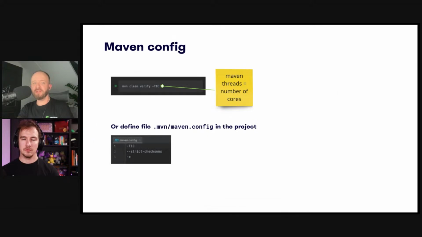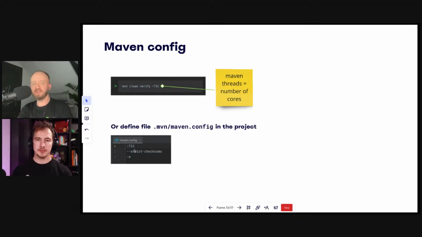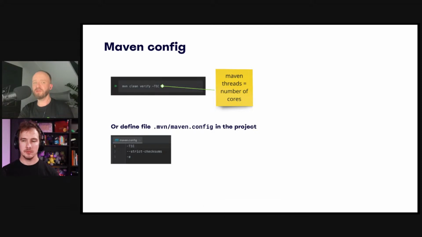For Maven, there's an option that is not the default: you can specify that the number of parallel processes should be defined via the number of cores. In Gradle, it works out of the box, but in Maven it works only if you have a multi-module project. If you have a single module, it will not make any difference.